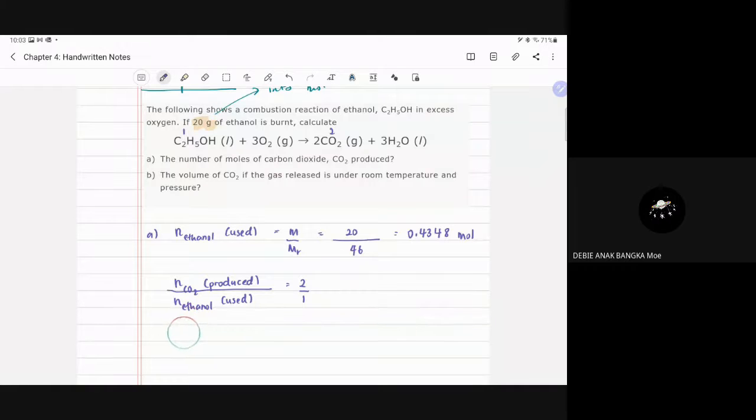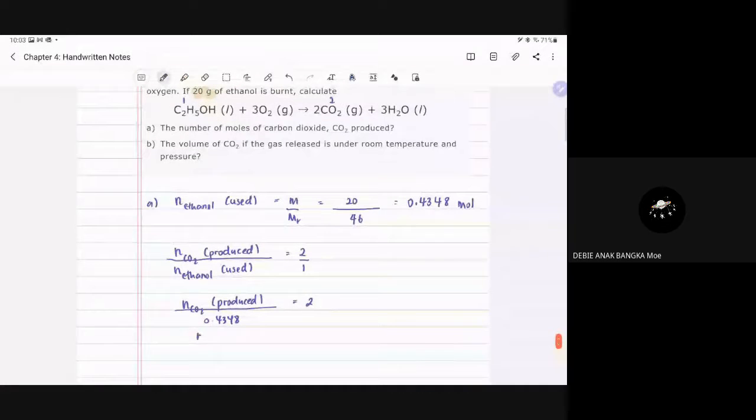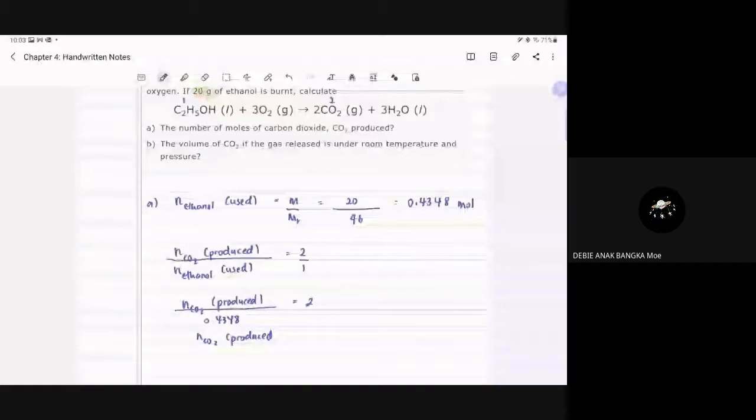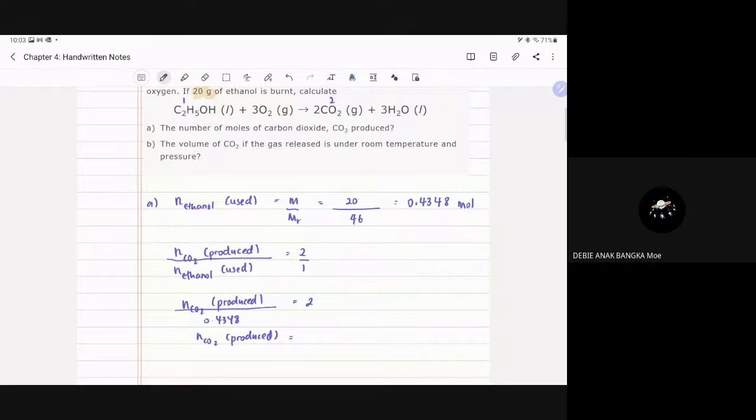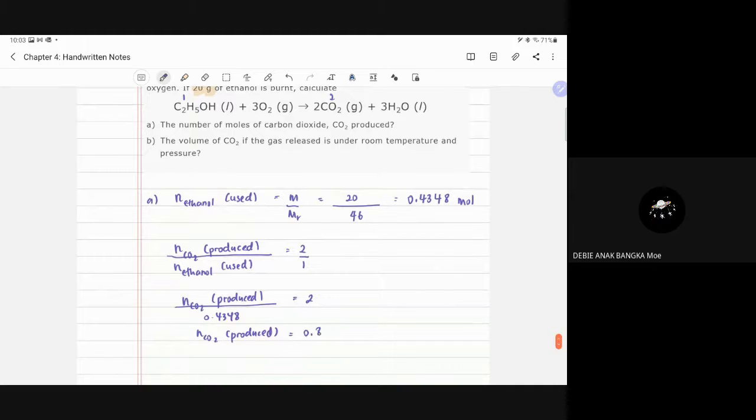Now number of mole of CO2 produced bahagi number of ethanol used is 0.4348 sama dengan 2. So number of mole of CO2 produced is 2 darab 0.4348, 0.8696 mole. So this will be the number of mole of carbon dioxide yang produced.